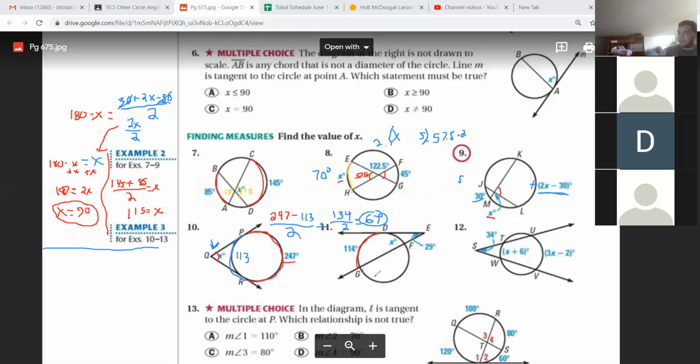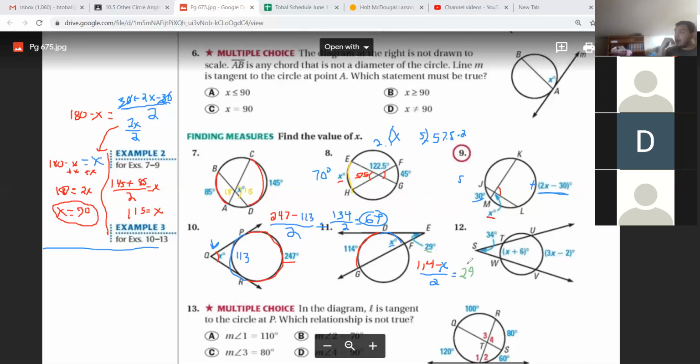I don't want this part either. That's not important. So I have my larger, which is 114, minus my smaller, which is this arc right here in blue. I don't know what that is. They just tell me it's X. All over 2 should equal the outside angle. The outside angle, they're telling me, is 29.